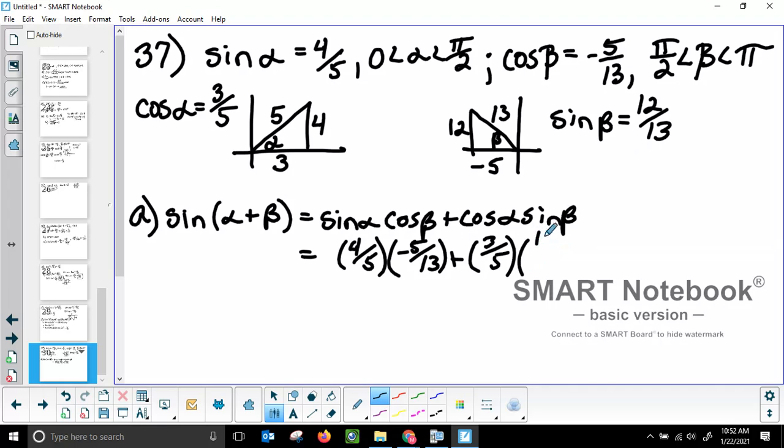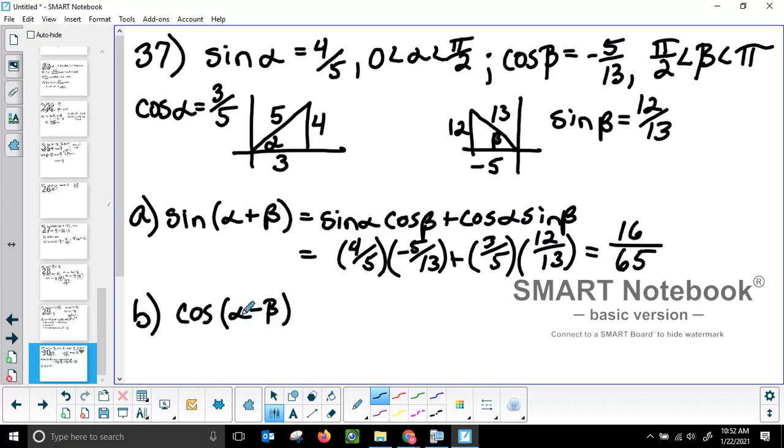And sine of beta is 12/13. All you have to do is plug that right into your calculator. But this shouldn't be too hard. This is -20 plus 36, so that's 16 over 5 times 13 is 65. Of course, you can just plug that right into your calculator. Done.